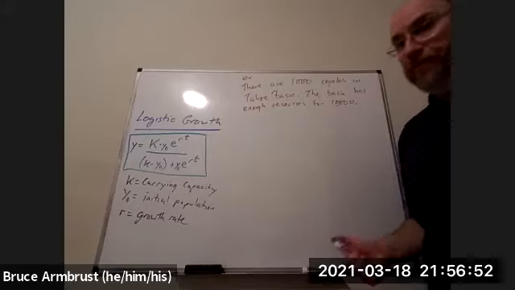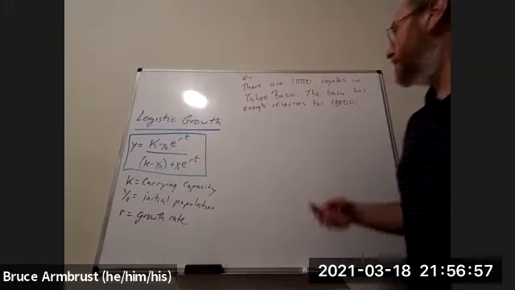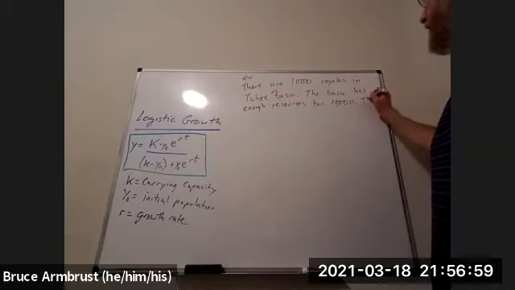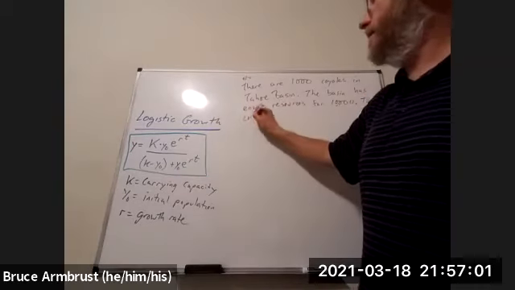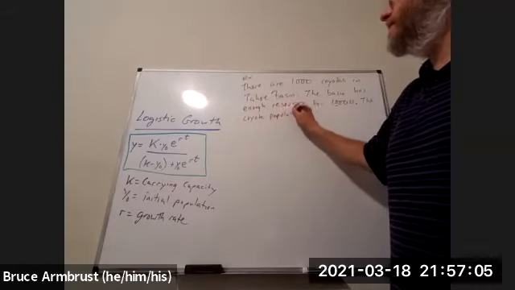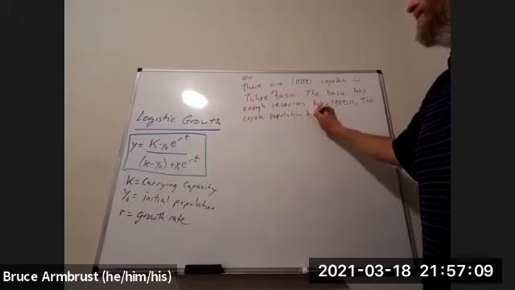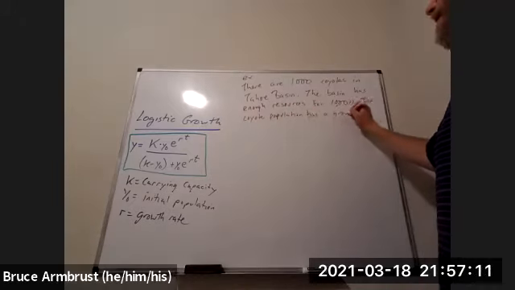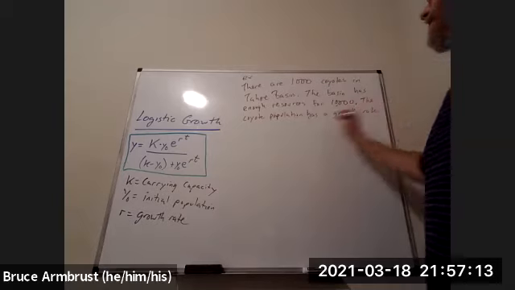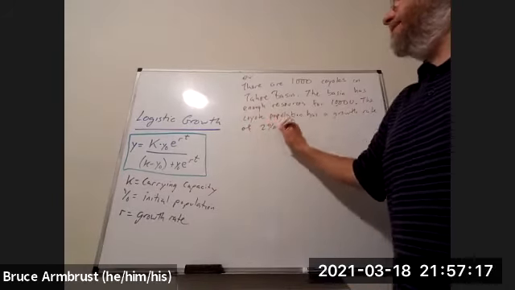So if nothing else, there could be 10,000 coyote. All right, and then we determine that the coyote population has a growth rate of, let's say, 2%.